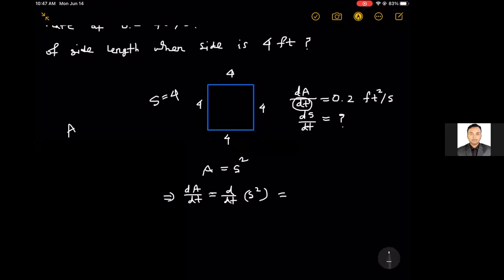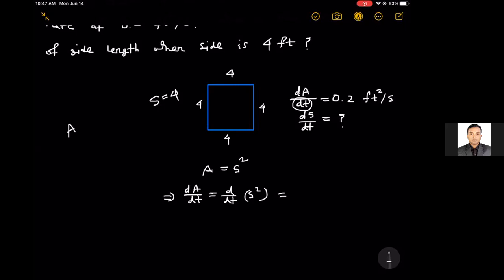What's the derivative of s squared? Two s. Two s times ds/dt. Exactly, 2s times ds/dt.